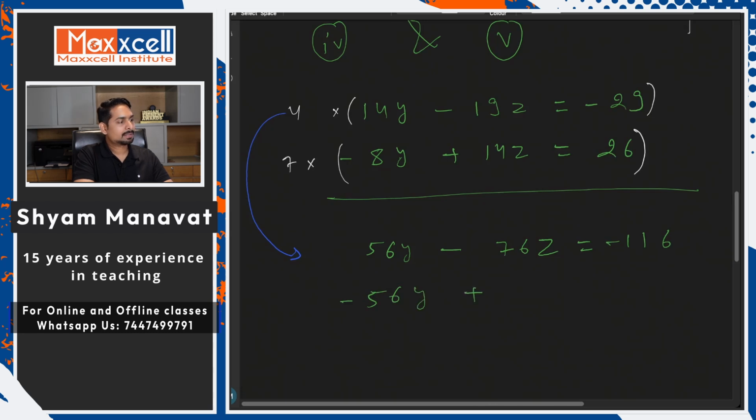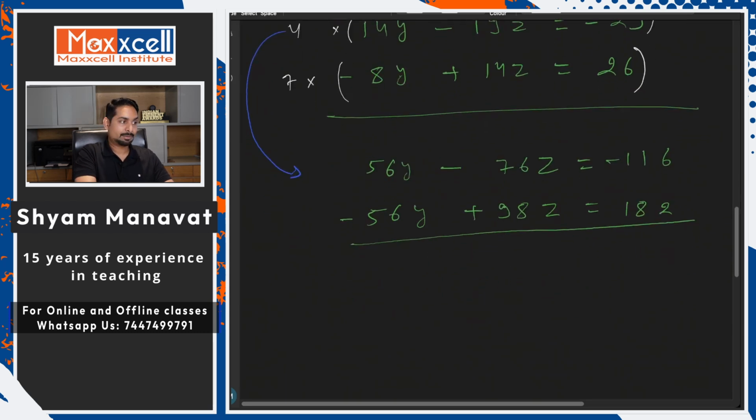Plus 98z, since 14 sevens are 98, equal to 26 into 7. Now simplify this by adding, because the signs of the same coefficient are different, you can directly add both of them.